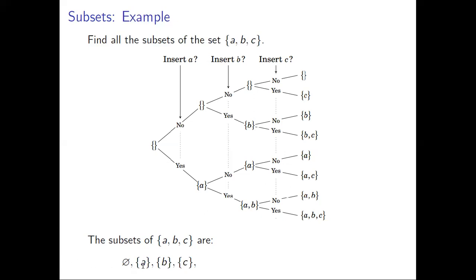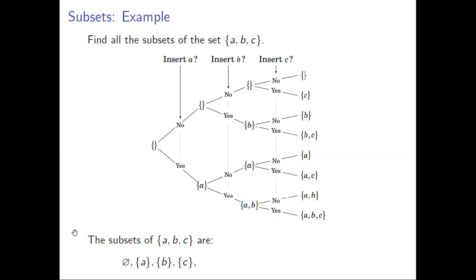The set just containing A is certainly a subset of the set ABC. The set just containing B is certainly a subset, and similarly the set just containing C. Those are the only 3 subsets of cardinality 1 that we can make in this example.